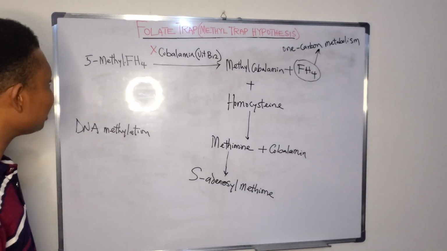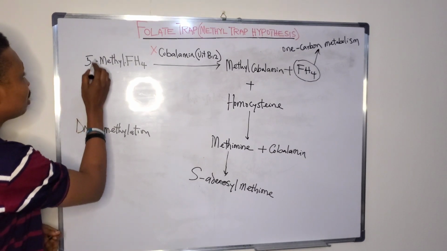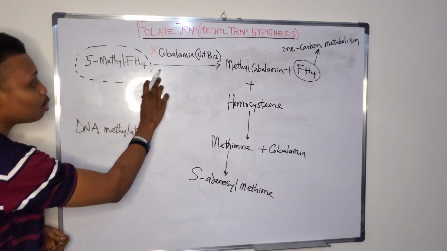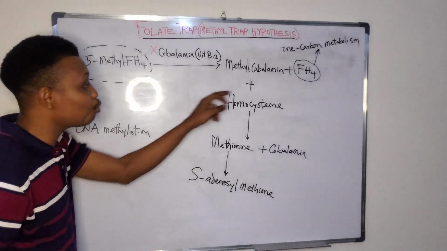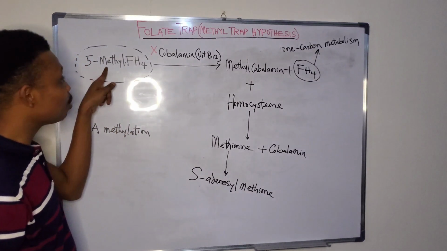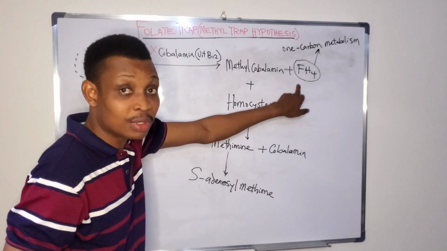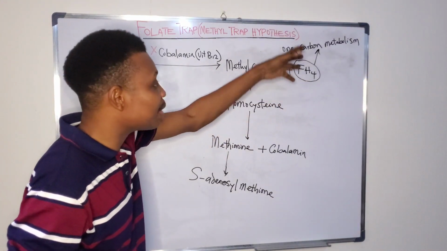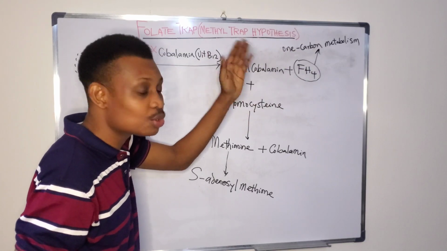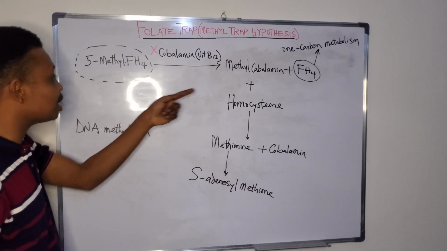In the absence of cobalamin, this molecule cannot dissociate to form tetrahydrofolate, which of course is the biologically active form of folate that carries out the physiological role of folate.